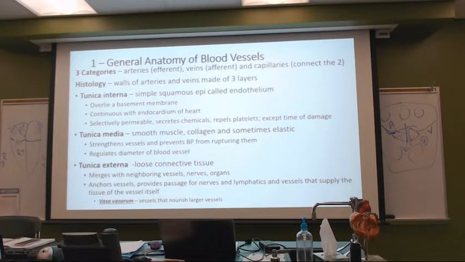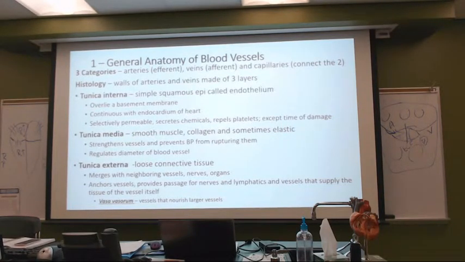Simple, how many layers? 1. Squamous, what's the shape? Flat. The flat, do what? It's like the rectangular flat cells. It looks like the fried egg, but I knew what you were trying to get to. So, the 1 layer of the fried eggs.